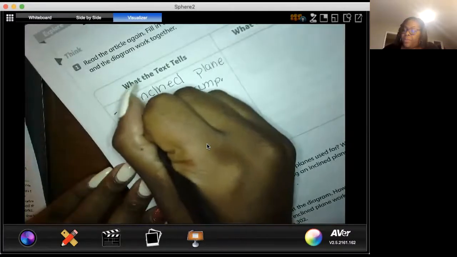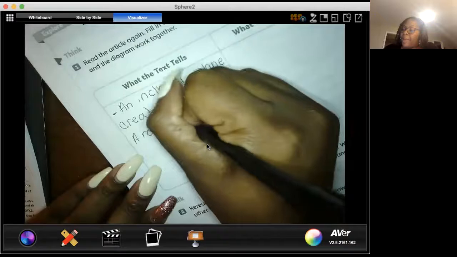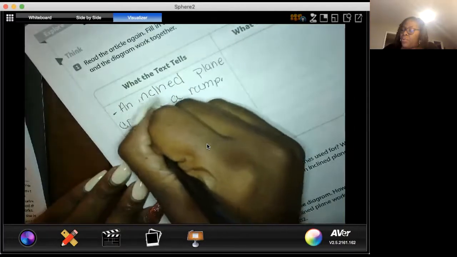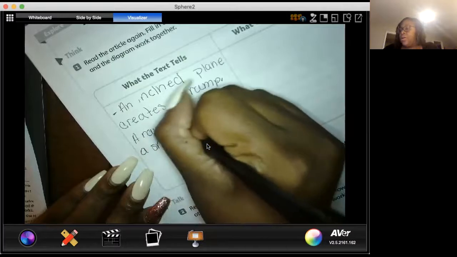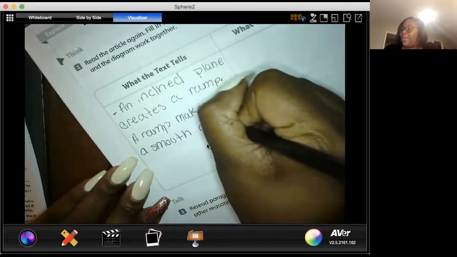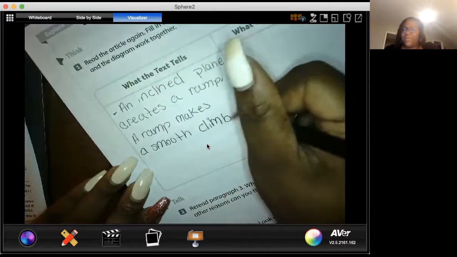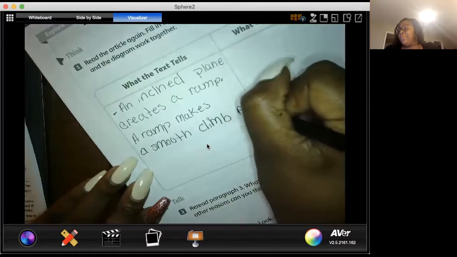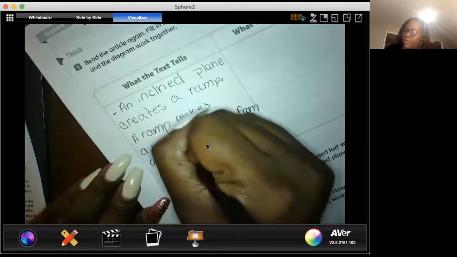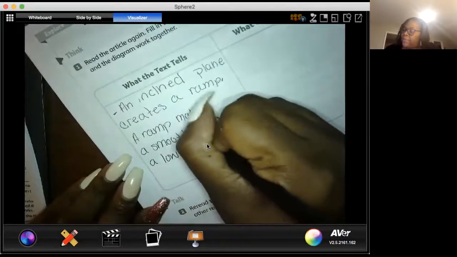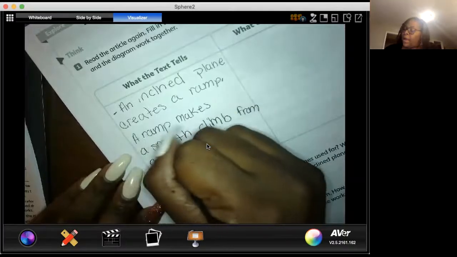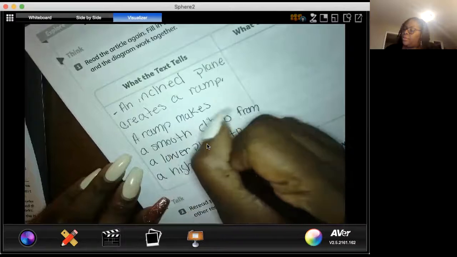A ramp makes a smooth climb from a lower place to a higher place. Sorry, guys, had a brain fart.